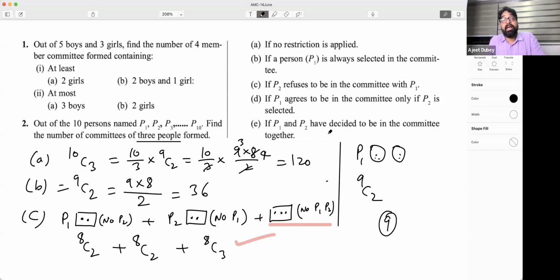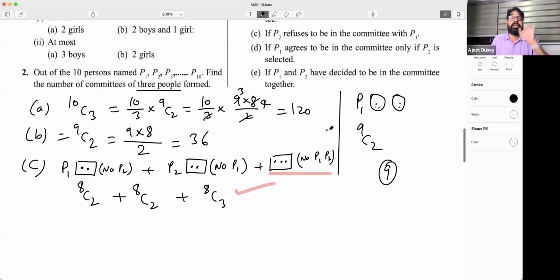D bit. If P1 agrees to be in the committee only if P2 is selected. Now they become friends. P1 says, I will come only when P2 is there, otherwise I will not come. So P1 is there, P2 is there, and one more person is there.